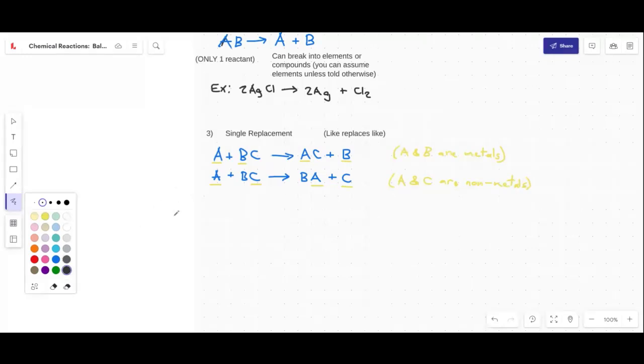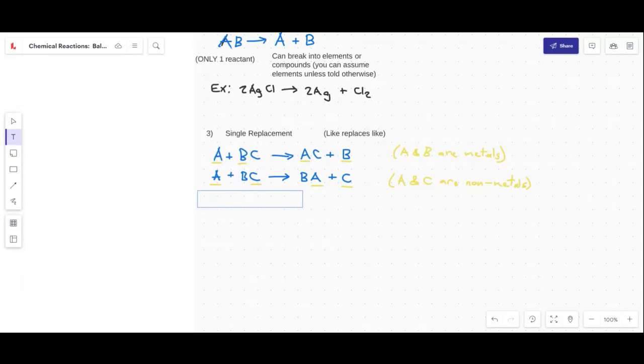Now, one important thing to note here is, well, actually two important things. If you're trying to determine whether this is a single replacement reaction, it's pretty easy to tell because a single replacement reaction always involves the reaction of an element and a compound. An element and a compound are what are reacting.